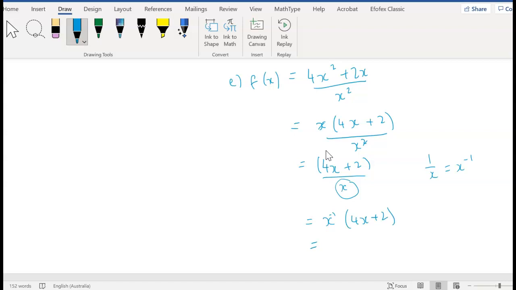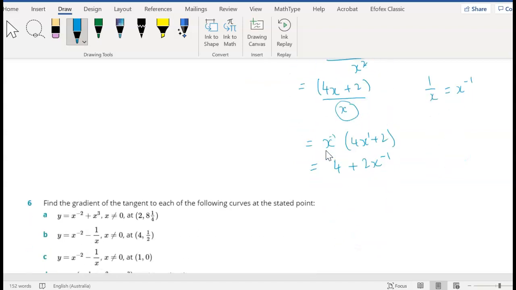When I multiply that through, x to the negative 1 times 4x just becomes 4. And then I've got plus 2x to the negative 1, because when you're multiplying terms, your powers are added. So negative 1 plus 1 just gives you 0, and x to the power of 0 is 1. So that just leaves you with 4 plus 2x to the negative 1.